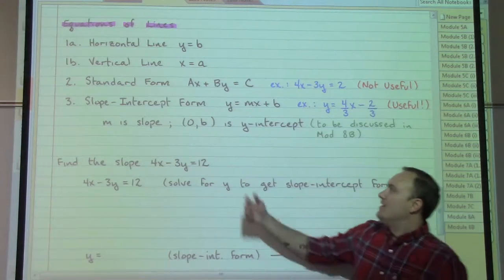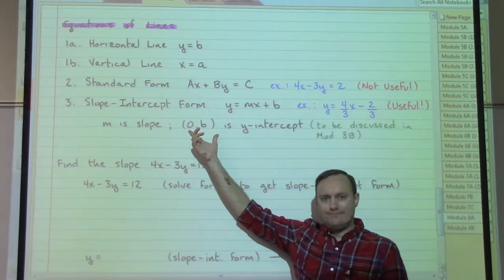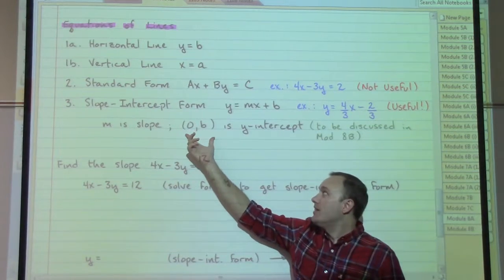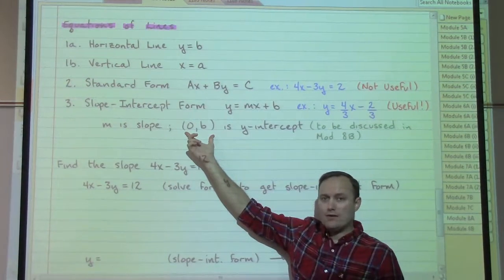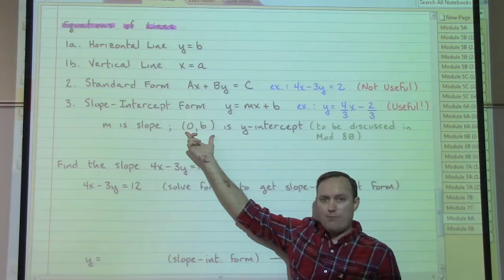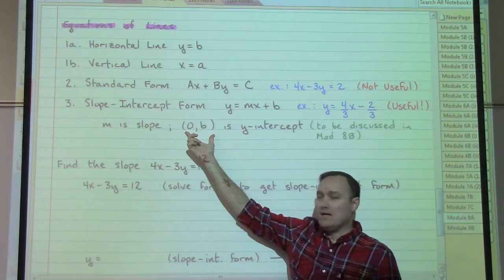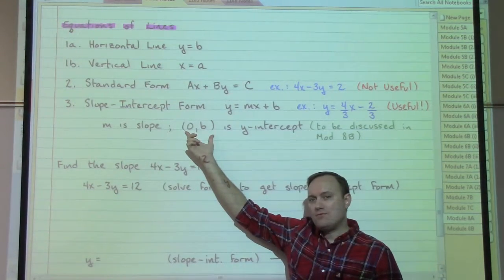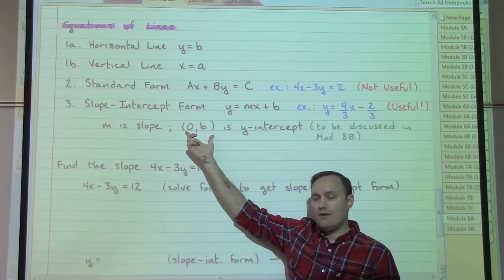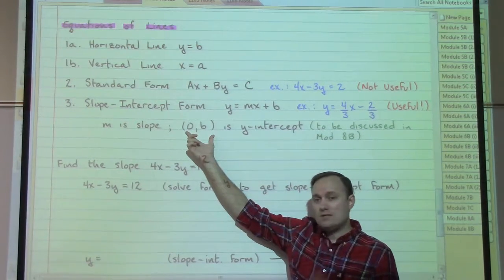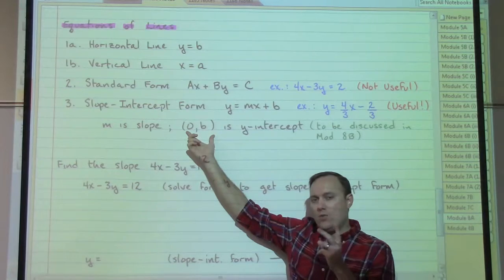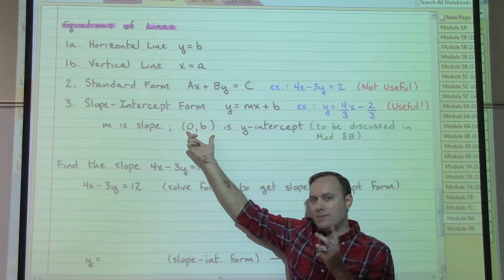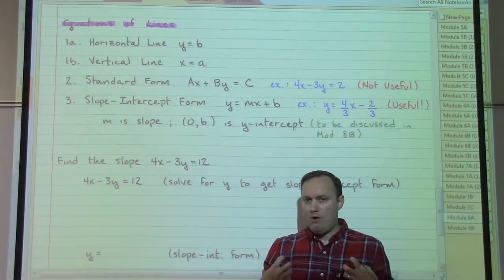Now, just as a little preview, the intercept that's mentioned is referred to as a y-intercept, and that's a specific kind of point, and that would be a second piece of information that comes from this format of the equation. So that means that this kind of equation would have two pieces of information that I can directly pick out.